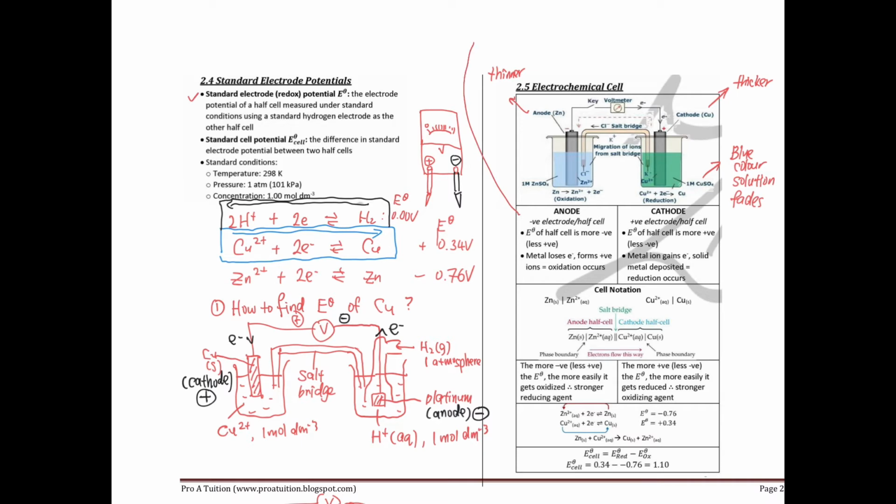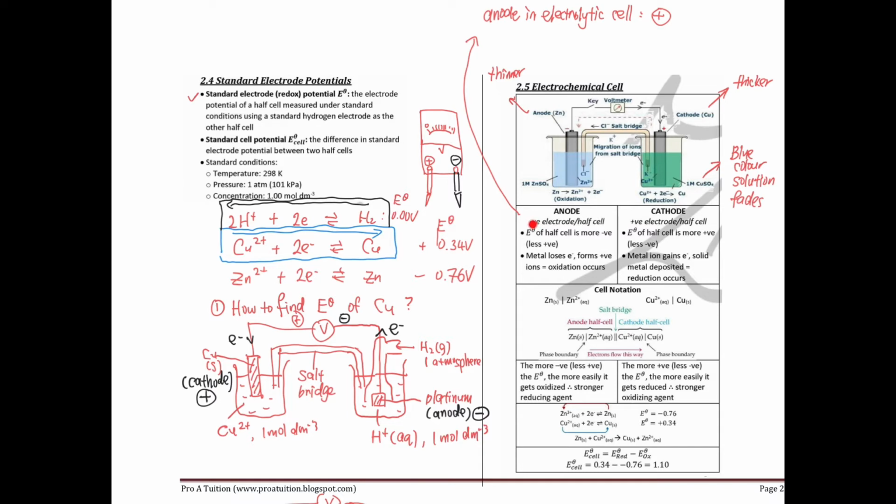Okay, so I put a note here. Anode in an electrolytic cell is positive, but anode in an electrochemical cell or voltaic cell is negative. So that is the difference, so I have to remember that.